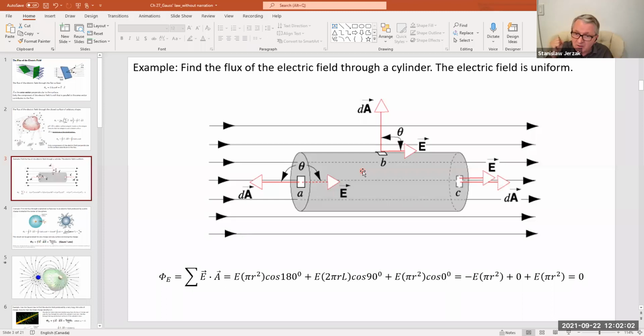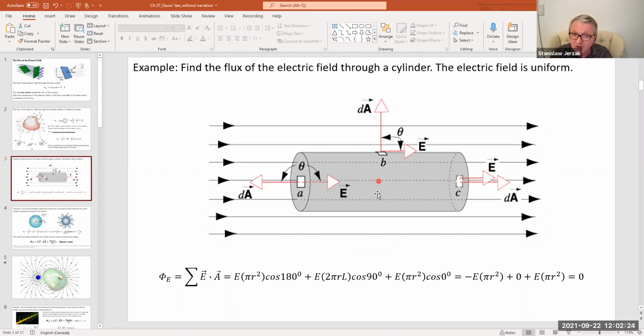The only reason for the flux of electric field to be not equal to 0 is if there is a net charge. There might be some positive, some negative charges, but if the net charge inside of the surface is not 0, then the flux through that surface will not be equal to 0.